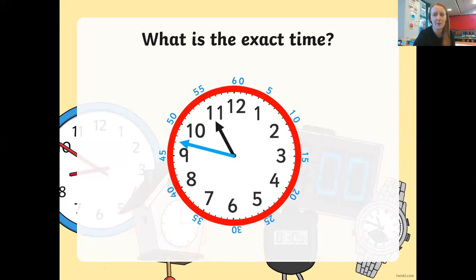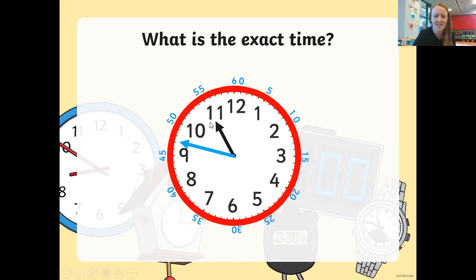Based on what we learnt yesterday, looking at our 5-minute increments around the clock and our 1-minute increments, you can see the 5 minutes are on here for me, so I can go straight to 45 for my minute hand: 45, 46, 47 minutes, and it's 47 minutes past 10.